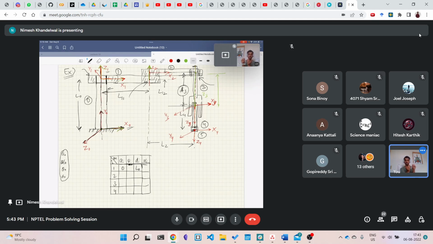Do you agree? Yes, sir. So if I call the angle of rotation for link 1 theta 1, theta 1 is from x0 to x1. So this theta here will be theta 1. It will be a variable. And finally, what will be alpha 1?